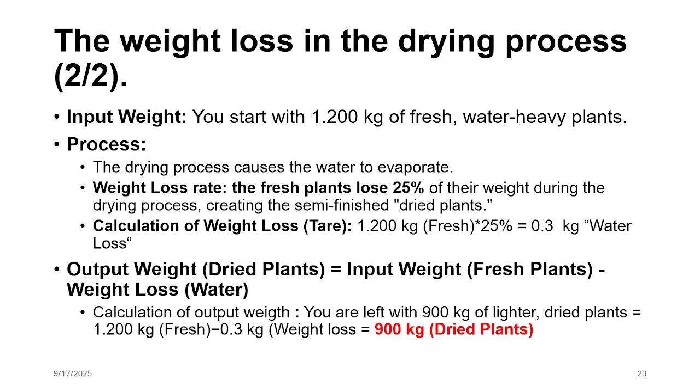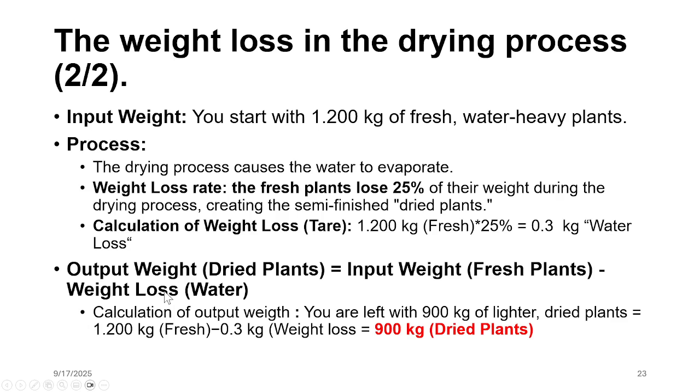To calculate the weight loss, we use the total kilograms of our input weight. The fresh plant here is 1,200 kilograms multiplied by 25% of the water loss, so we get 300 kilograms water loss.